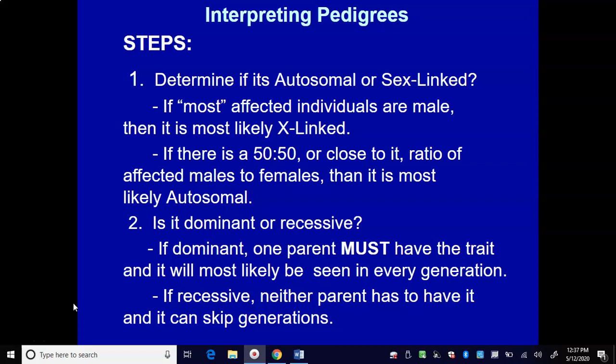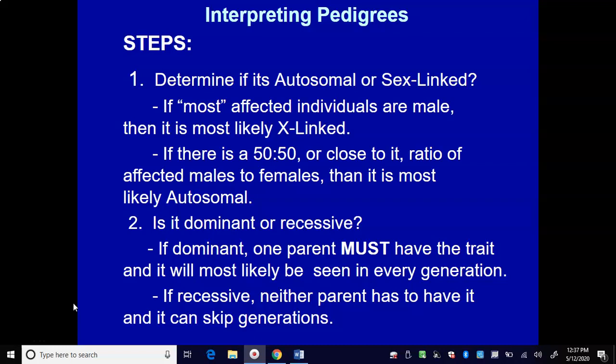The way you can tell is if most affected individuals are males, then it's most likely X-linked. So if you see more males than females, it's X-linked or sex-linked. If you see a 50-50 split between males and females, then it's most likely autosomal.